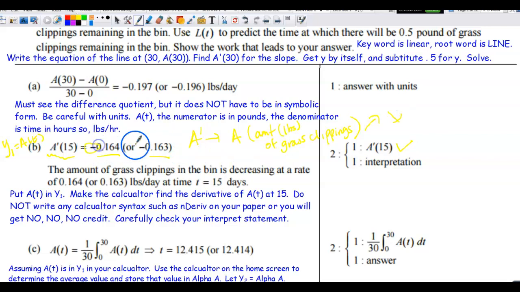Notice that the derivative is negative. The amount of grass clippings in the bin on day 15 is decreasing at a rate of whatever number you reported, pounds per day, at time 15 days. Again, that number comes straight off of your calculator.